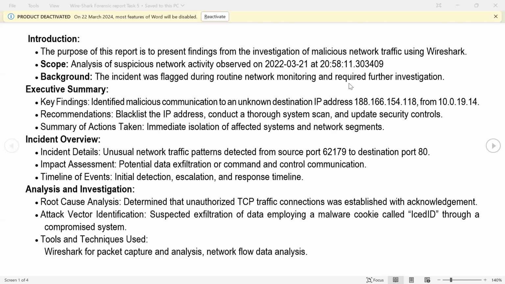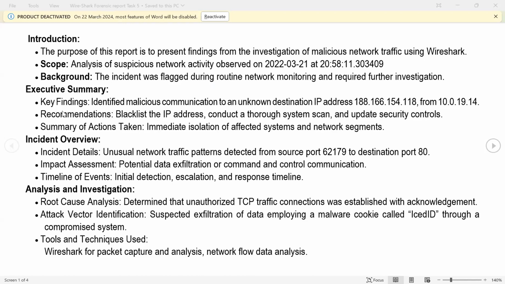And we have the executive summary. He gave the key findings: identify malicious communication to an unknown destination IP address. From this, he identified the destination IP and the source IP.